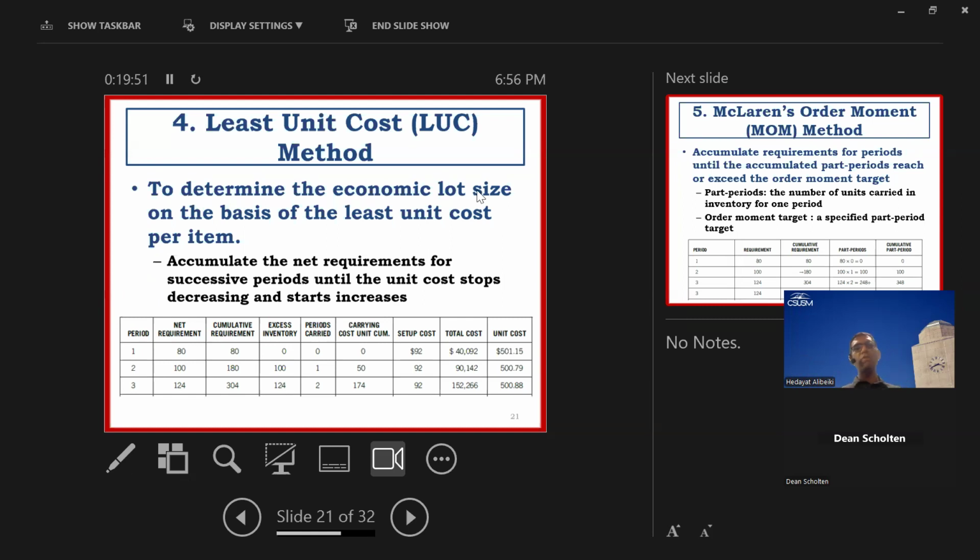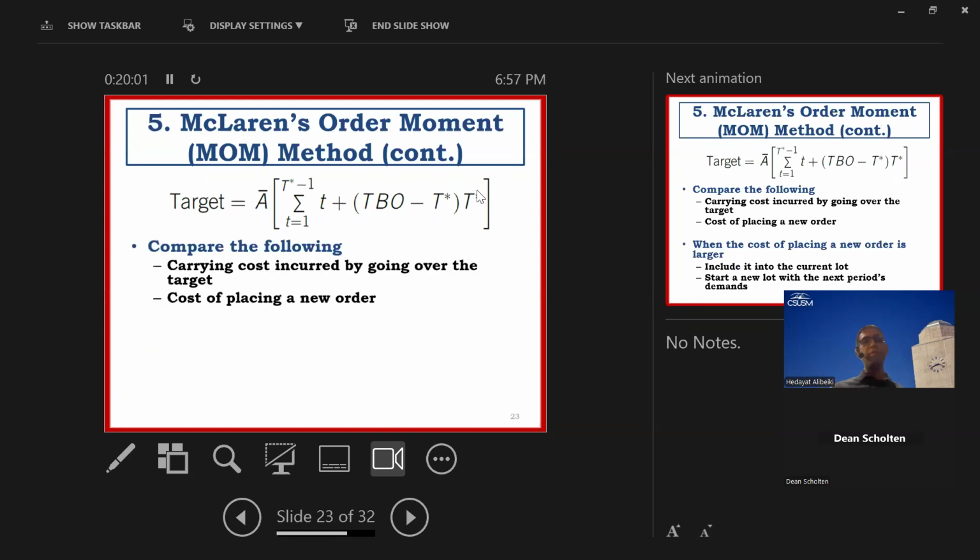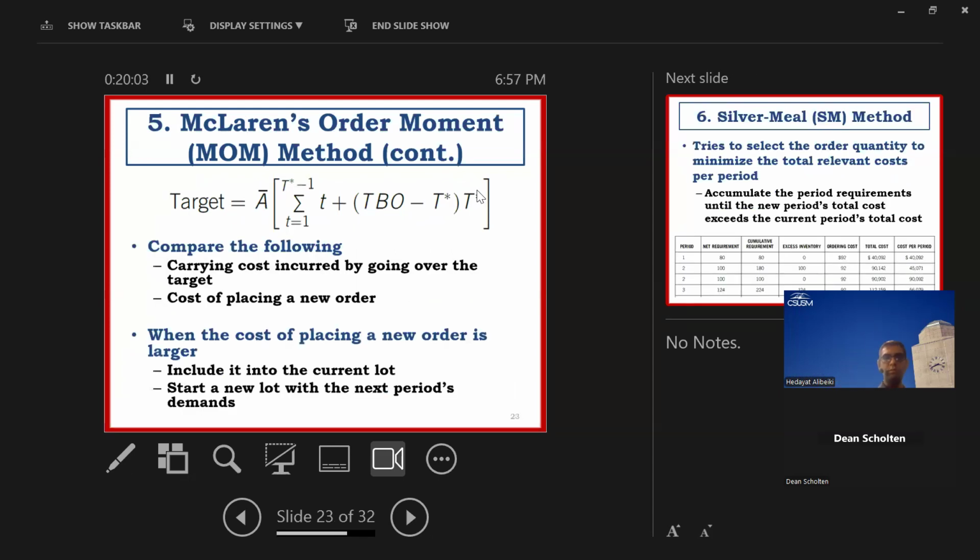Same idea happens here. So instead of actually doing costs, McLaren says calculate a target for cumulative items per period. And once you get to that point, we stop and we order and then move to the next cycle and do the calculation again.